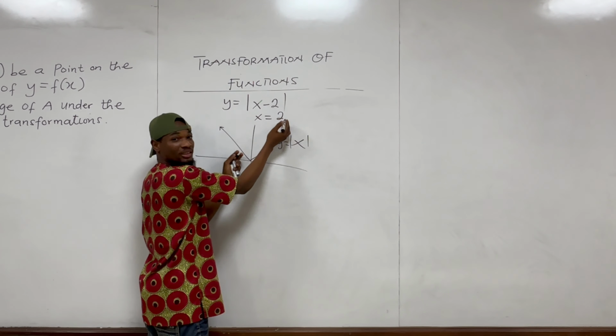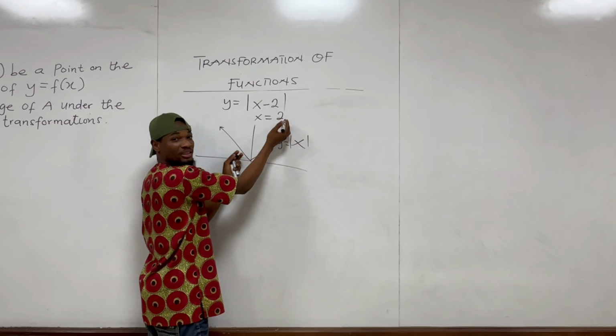This is positive, and it's also horizontal. So this becomes a horizontal shift to the right hand side by a unit of 2. Okay, this is positive 2 to the right hand side by a unit of 2.